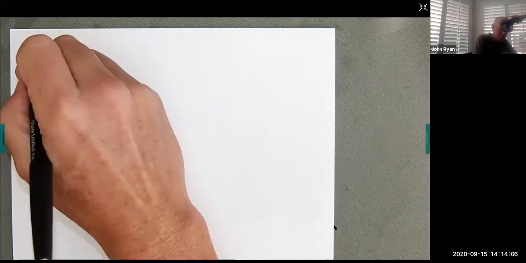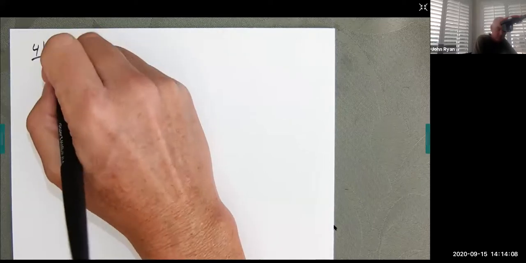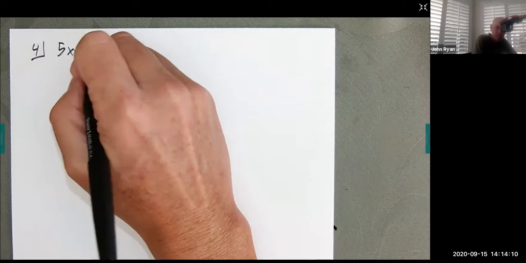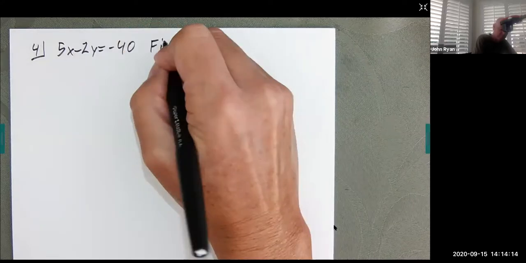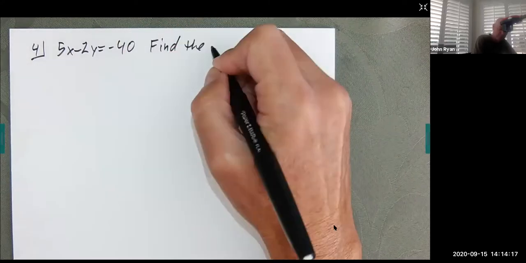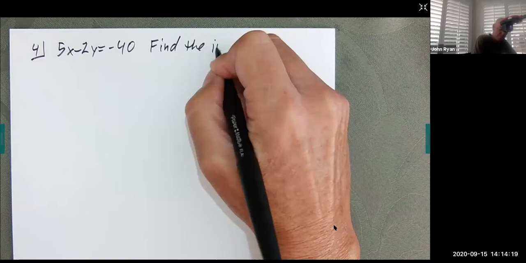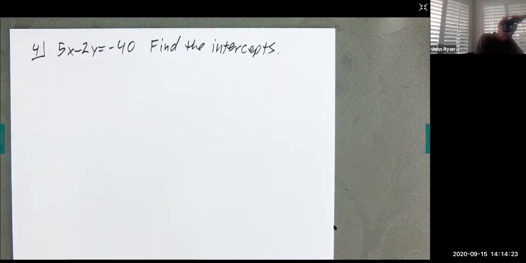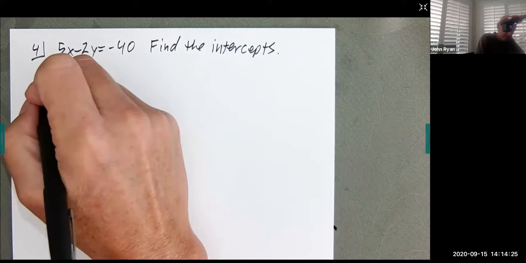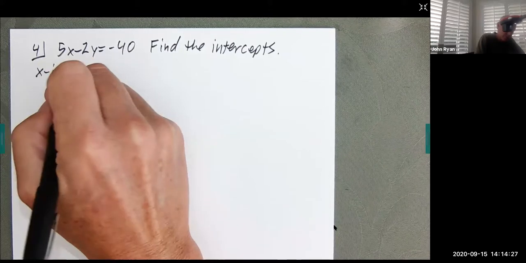All right, so for number 4, we are trying to find the x and y intercepts. So to find the x-intercept, we set y equal to 0.